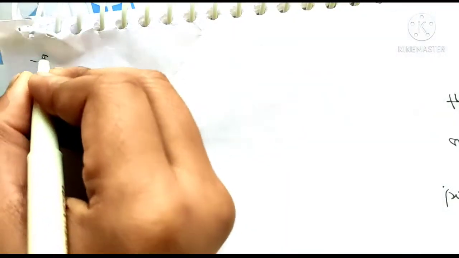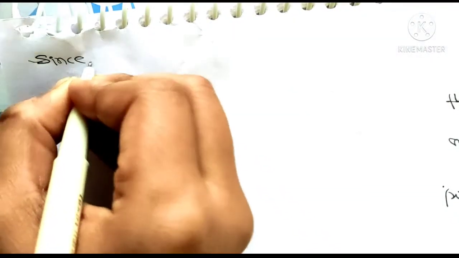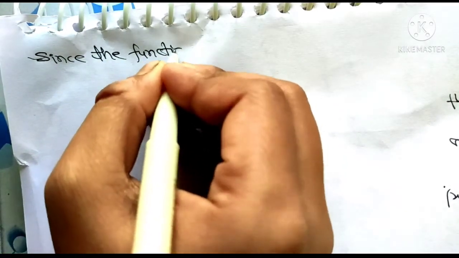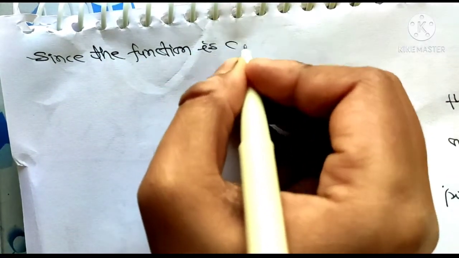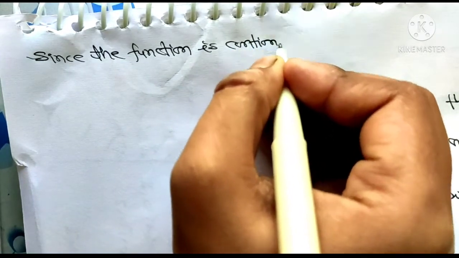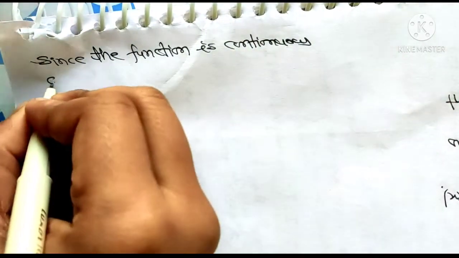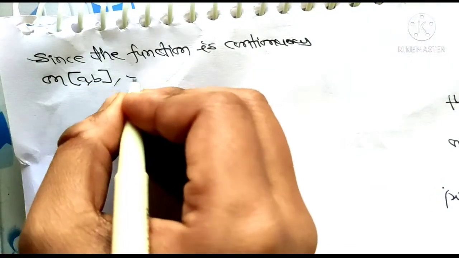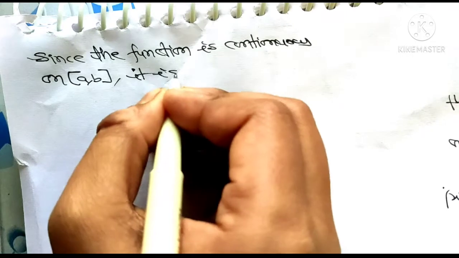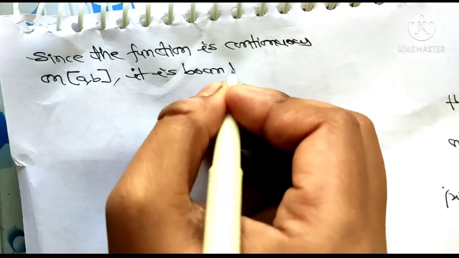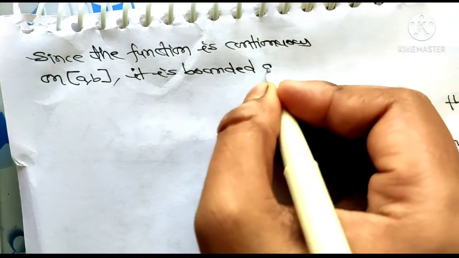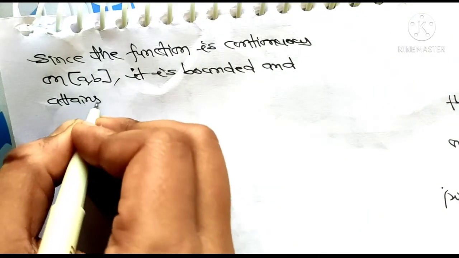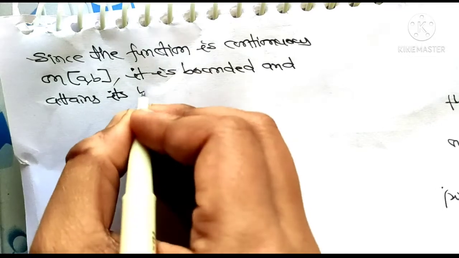Since the function is continuous on closed interval [a, b], it is bounded and attains its bounds.